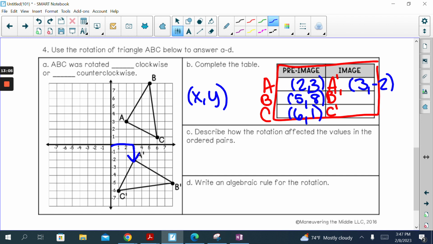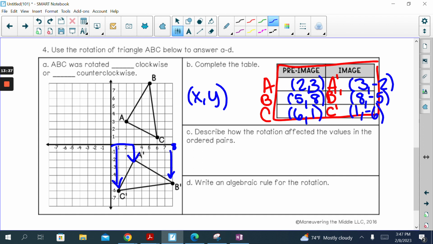Then for new B, you have 8 to the right and 5 down. So 8, negative 5. And then our new C is going to be 1 to the right and 6 down. And you should have got that.